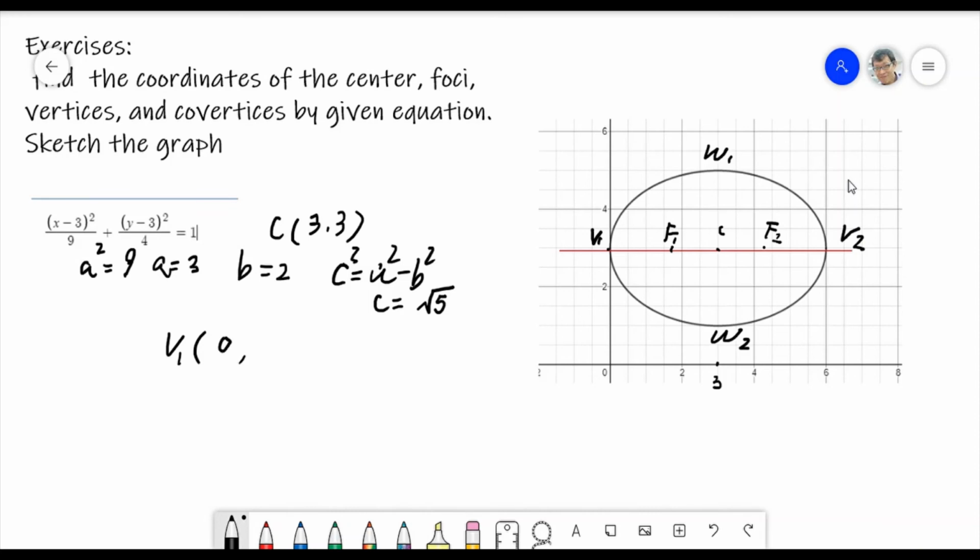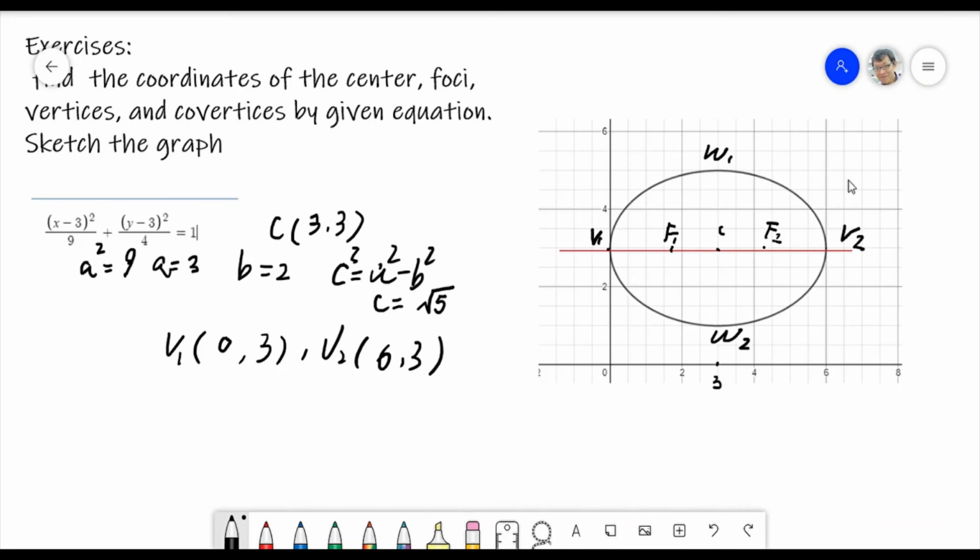And how about the y-axis? The y-axis here is also 3, right? So the y-axis is 3. And then what is V2? So it should be 6, right? 6, 3. Okay.